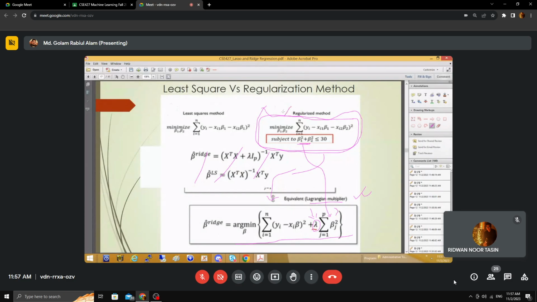So our actual problem is this, and we formulate it this way. That's why we got the lambda. It is the Lagrangian constant, but usually we call it the regularization parameter.